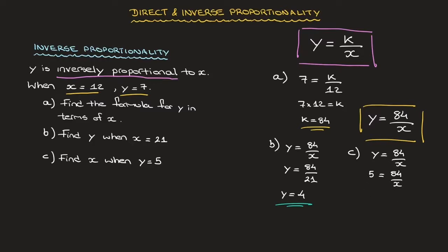And that leads to 5x equals 84. Finally, dividing both sides of this equation by 5, we can state that x is equal to 84 over 5. And by all means check, but 84 divided by 5 is 16.8. And that's the final answer.